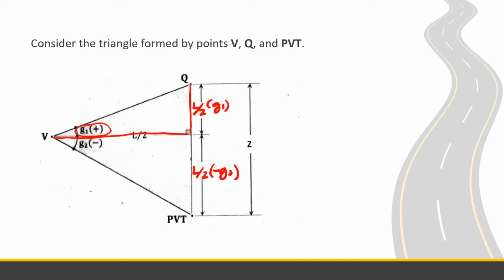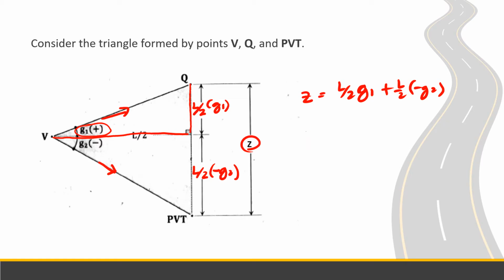So grades can either be positive, or uphill, or negative, which is downhill. If we consider the signs of G1 and G2, the value of Z will be the sum, so Z equals L over 2 times G1 plus L over 2 times negative G2.